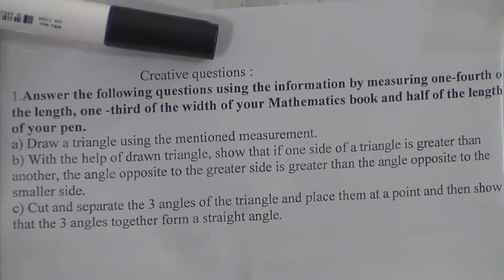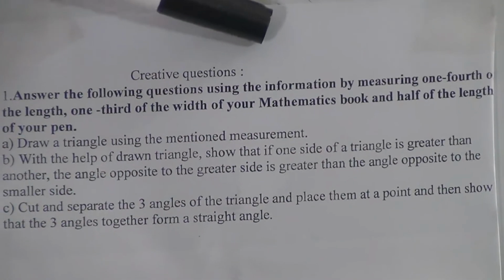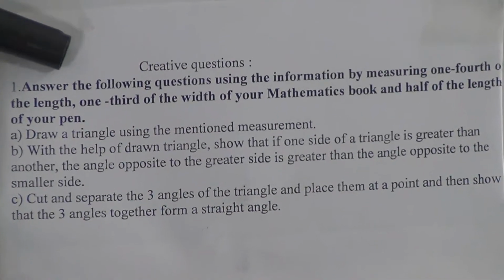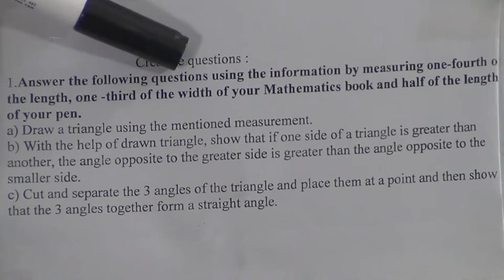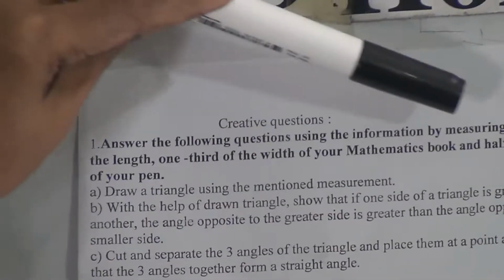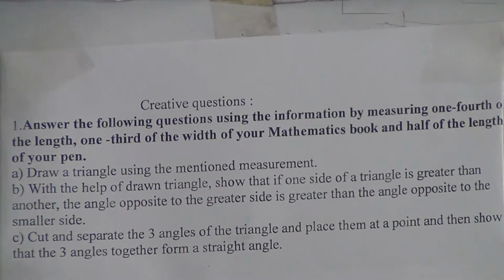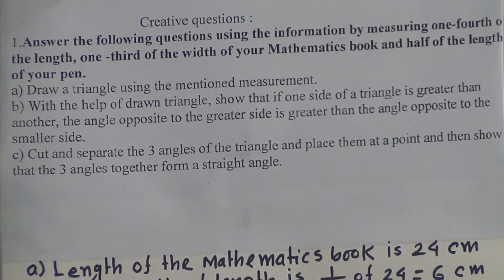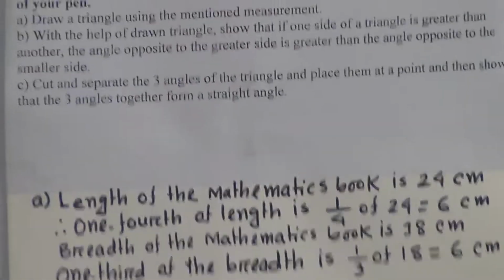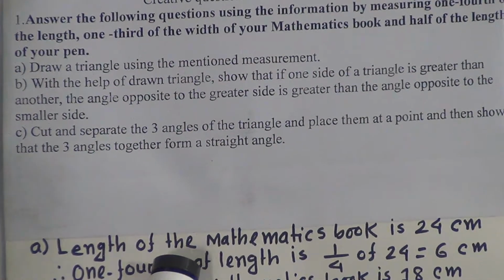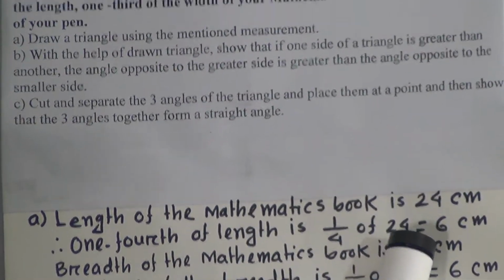Answer the following questions using the information by measuring 1/4 of length, 1/3 of width of your mathematics book and half of length of your pen. Okay, draw a triangle using the mentioned measurement. That means you see the length of the mathematics book is 24 cm.